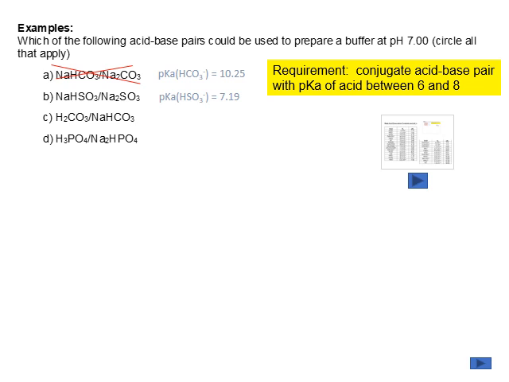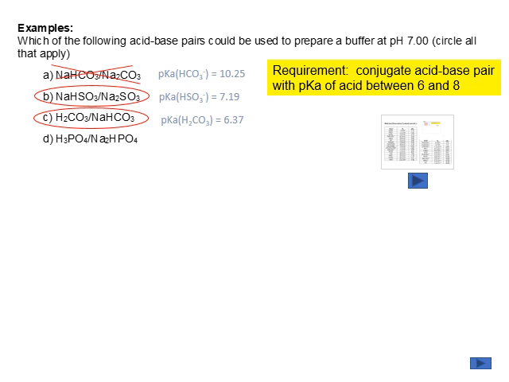So this would be a suitable conjugate acid-base pair to make a buffer of pH 7. Similarly, the pKa of carbonic acid is 6.37. So this pair would also work.